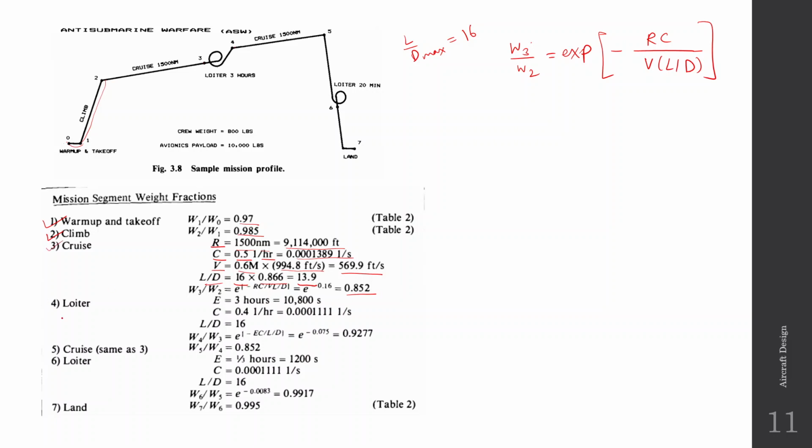Next we come to the loitering phase. We have now covered the previous phase and now we have to consider the loitering phase. In the loitering phase, the endurance is given as 3 hours, which is 10,800 seconds. The SFC is 0.4 per hour, which turns out to this value in per seconds, and your L by D is 16.